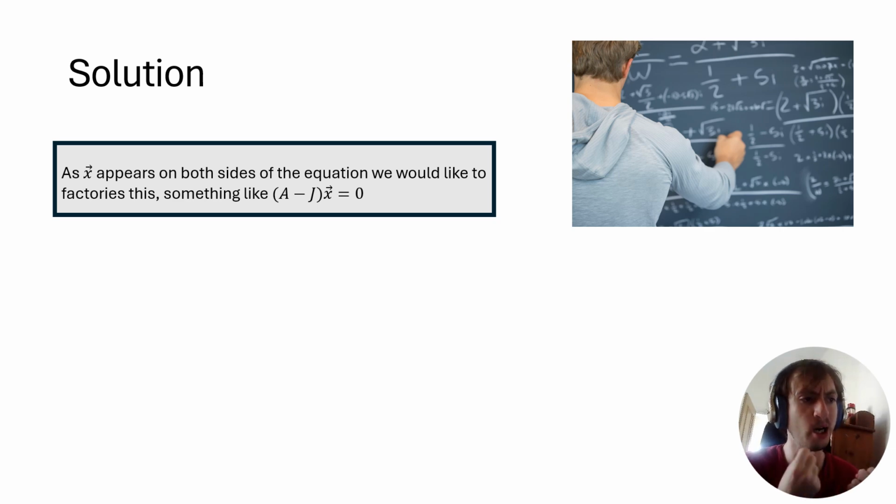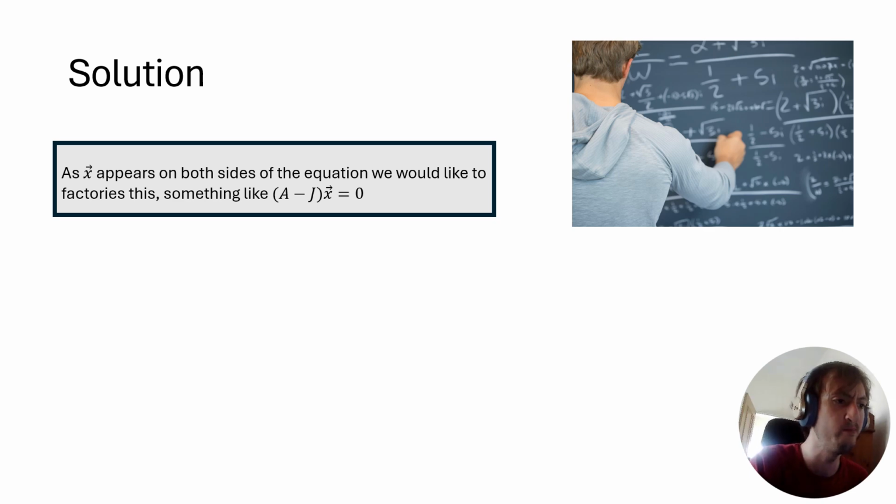If we look at the eigenvalue equation, both sides contain our eigenvector x, so we might like to factorize out x and bring everything to one side, leaving us with an expression of (A minus j), all multiplied by x, gives us 0. And this seems to work in terms of factorization.